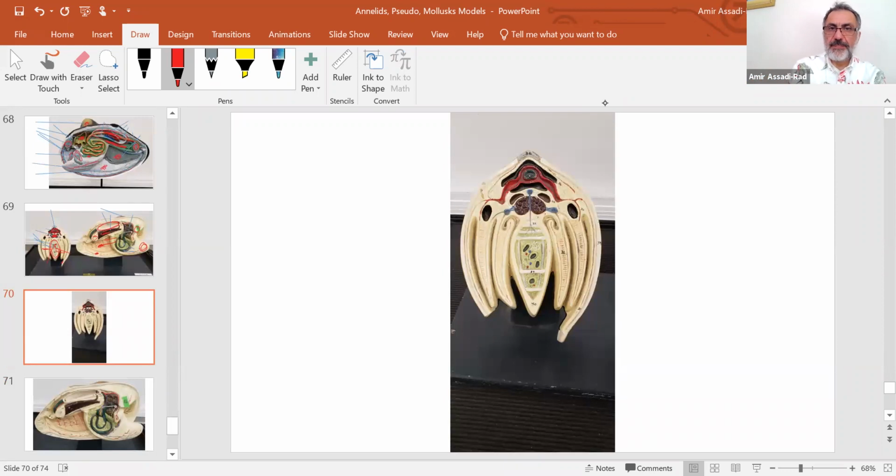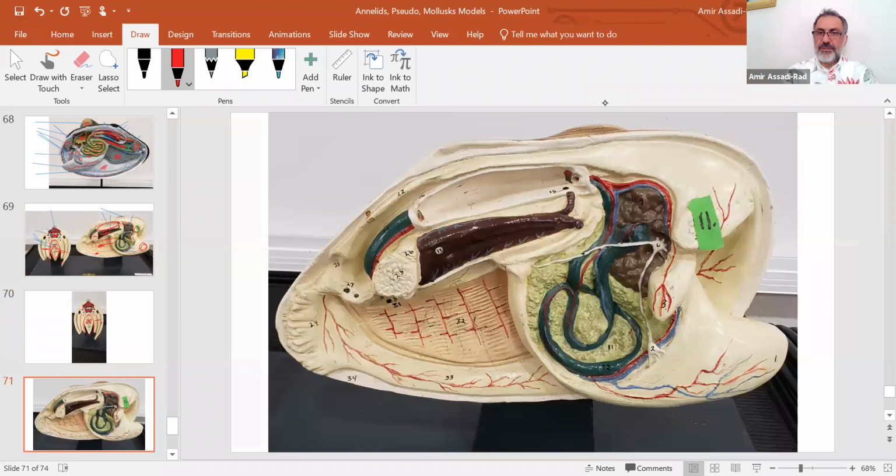Same thing again, heart, intestine, kidney, gills, your mantle, foot, intestine, gonad outside of it, foot, this entire thing is foot.